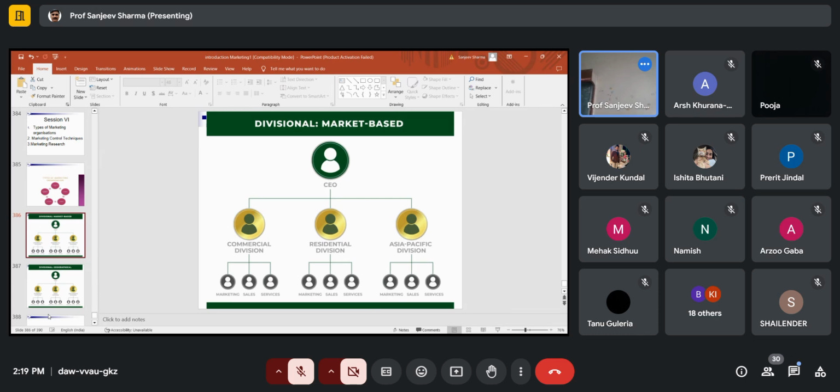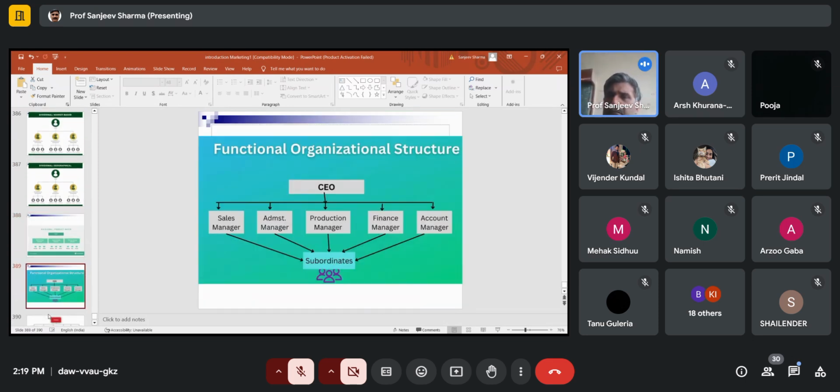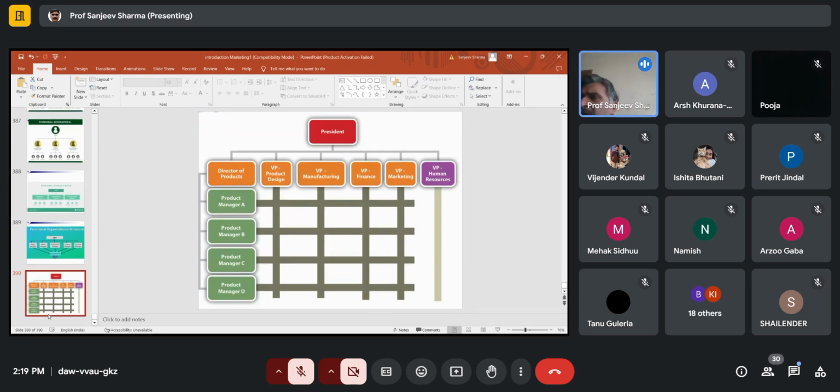Exploratory research. Three types of research designs. Exploratory research. What is exploratory? By exploratory, we mean when we don't know anything. We have no idea. So you can't formulate a hypothesis.